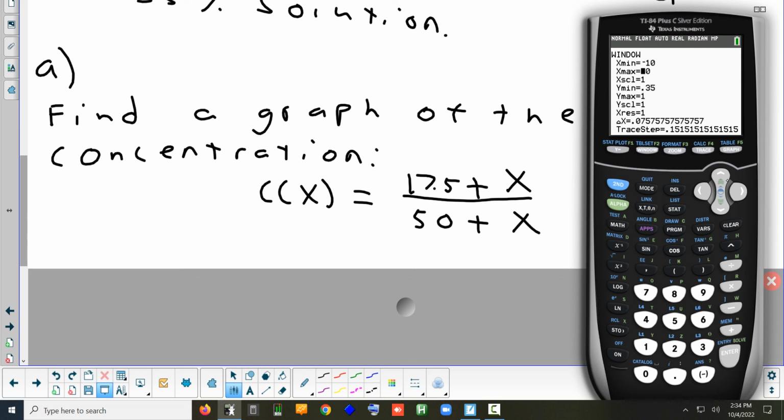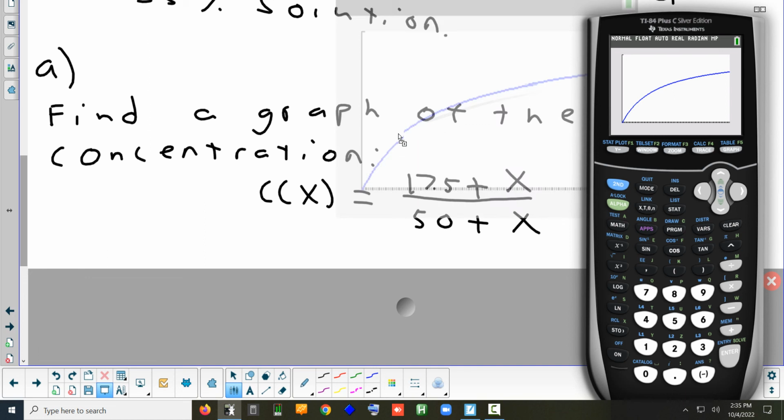X is the amount of acid we add, so negative 10 doesn't make sense. How much acid are we adding? Let's just say we add maybe up to 150. There's your concentration of acid going up higher and higher, but leveling off at 1. It'll never reach it. Okay, so there's your graph.